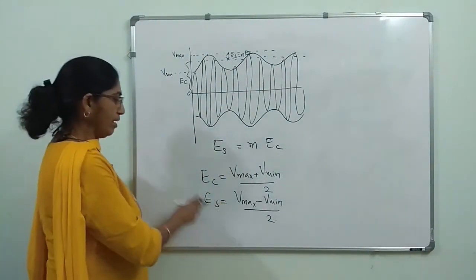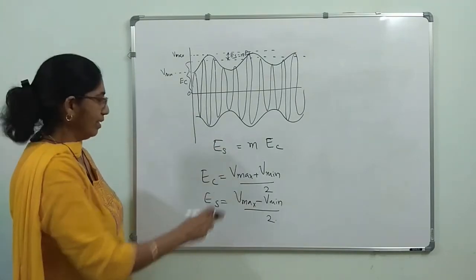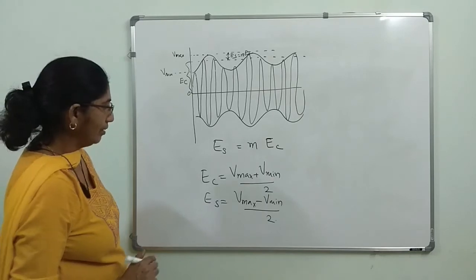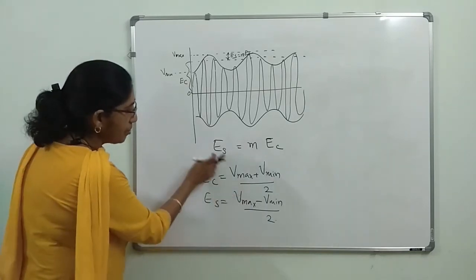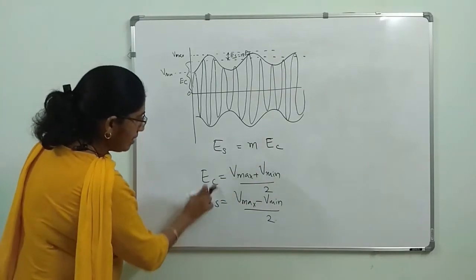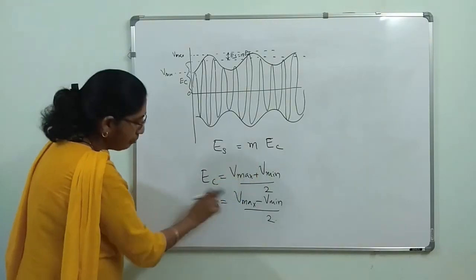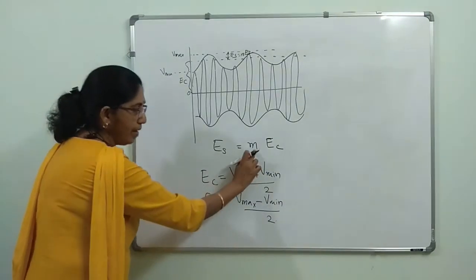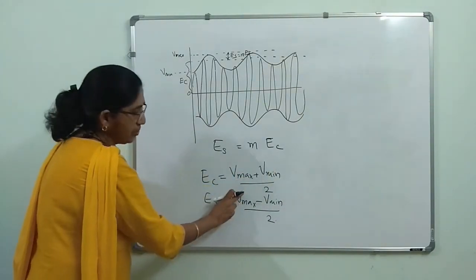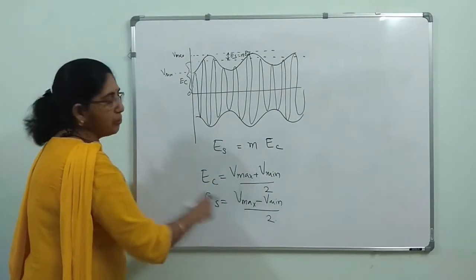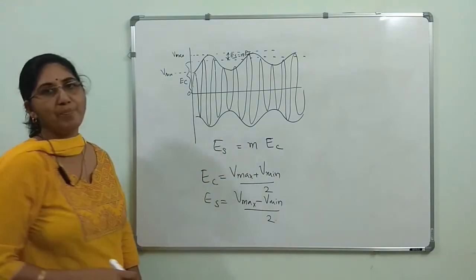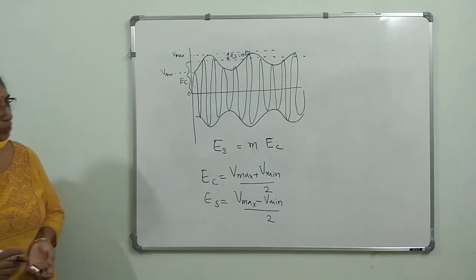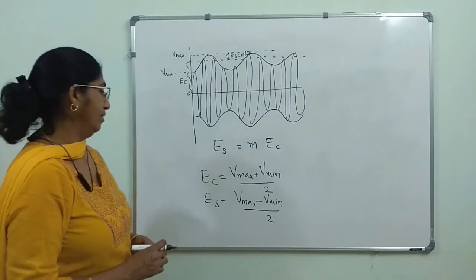Now I want you to rearrange this and get the expression. We can make the substitution for ES and EC here. You substitute for ES as (V max minus V minimum) by 2. Here M into EC, you substitute this. Substitute, rearrange and get the expression for it. So what will you get?